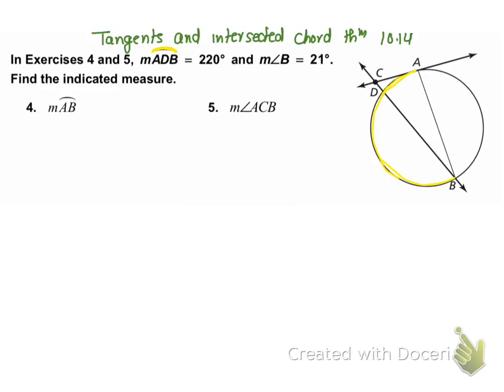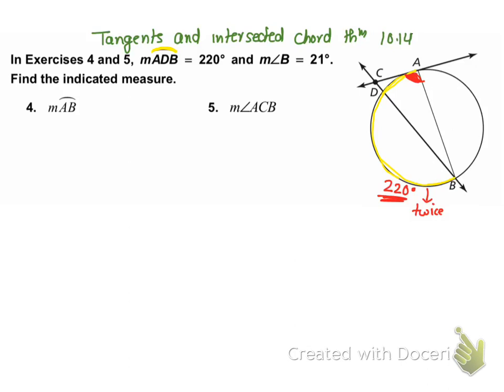They have given this arc measure, and that is 220. And as I said, the arc is always twice the angle between the chord and the tangent, so whatever this angle is, the arc is always double that.